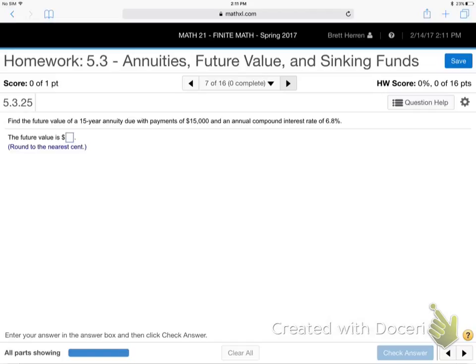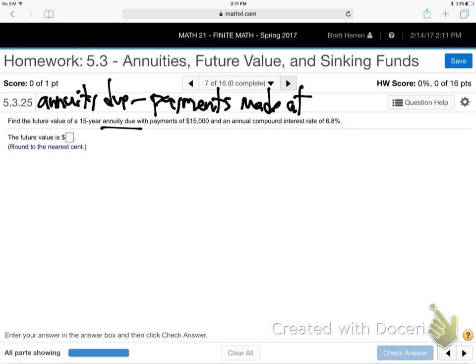All right. Okay. So notice the words annuity due. Annuity due means payments made at the start of each period.